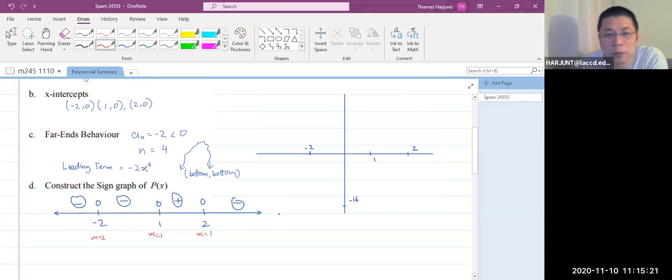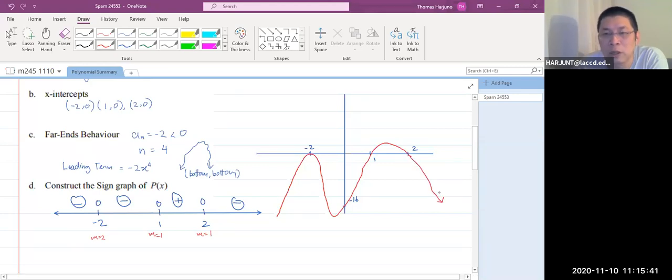Then the graph will be from -infinity. It will touch but not cross at negative 2 comma 0, and then cross here, because at 1 it's multiplicity of 1, at x equals 2 it's also multiplicity of 1. So that's actually the sketch of the graph.